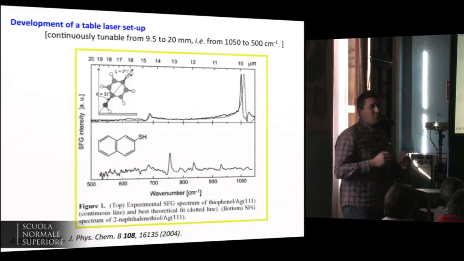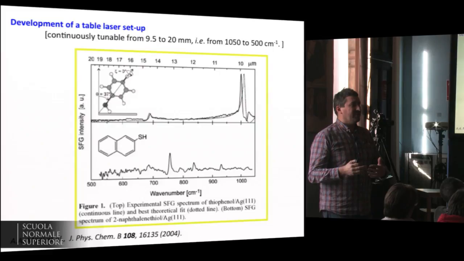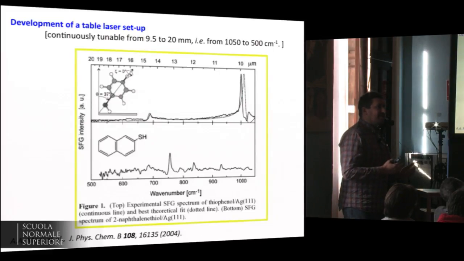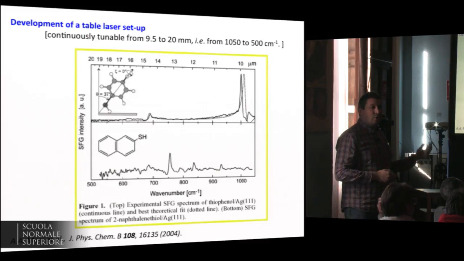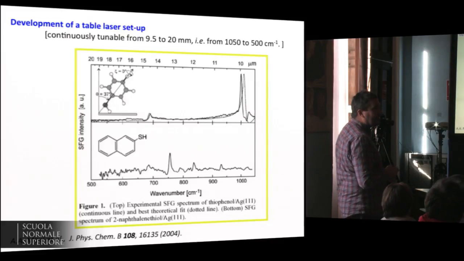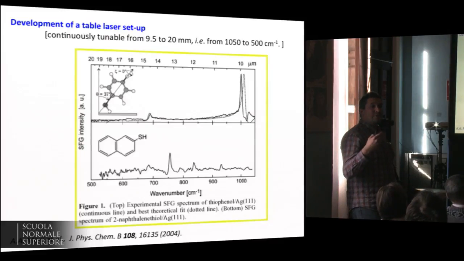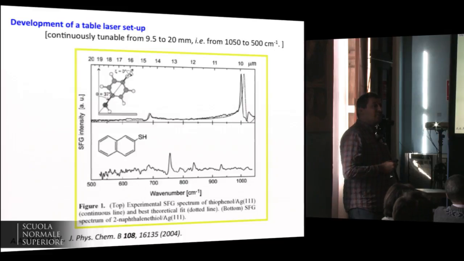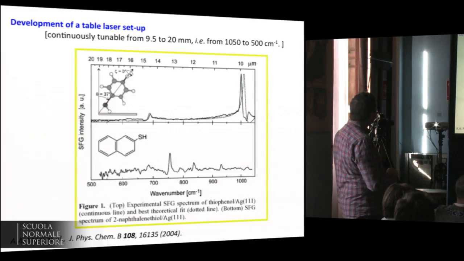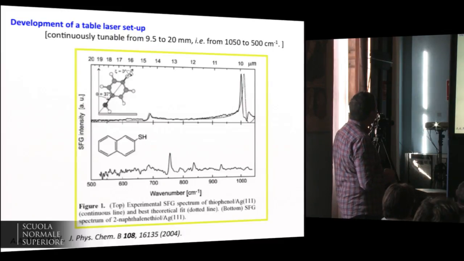Of course, what we try to do theoretically to improve our modeling was also accompanied by some experimental developments. And our colleagues from the physics department in Namur moved from the initial experiment performed at CLIO at Orsay by using a free electron laser, to simple laser tables, and in particular they developed a table laser setup.